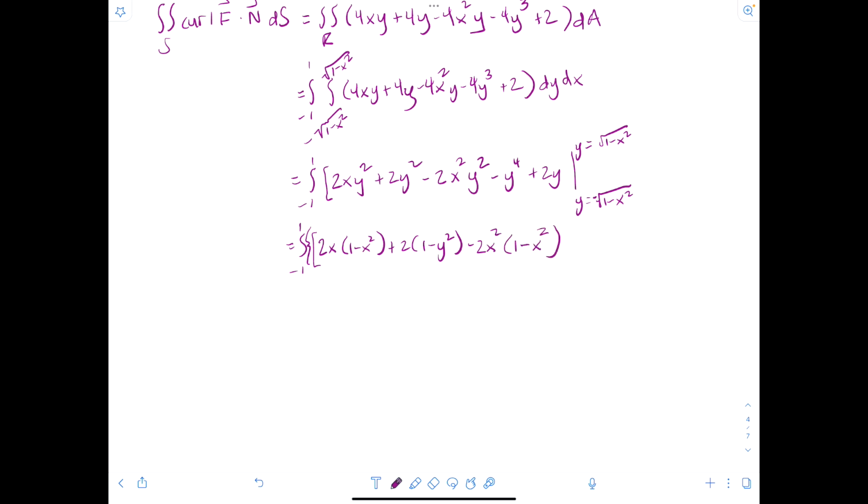Again, you square a square root and it goes away. Now we'll have minus the quantity 1 minus x squared squared, because you're raising y to the 4th, and then plus 2 times root 1 minus x squared. Minus, so this is all still in the same integral.